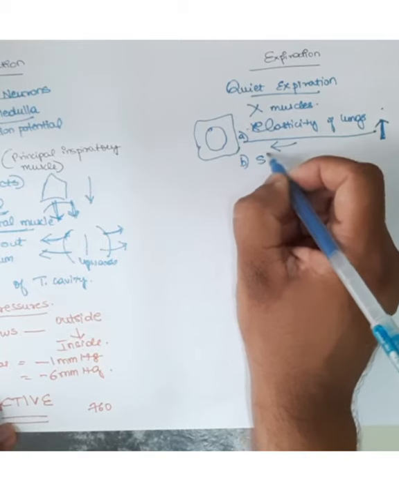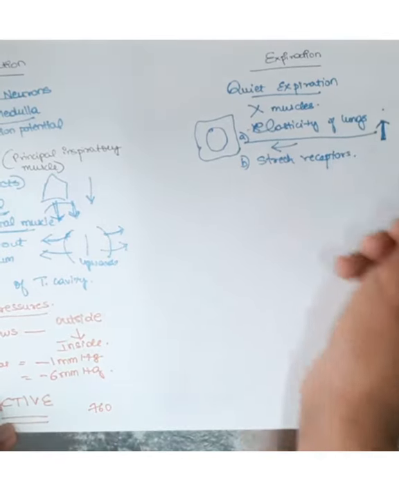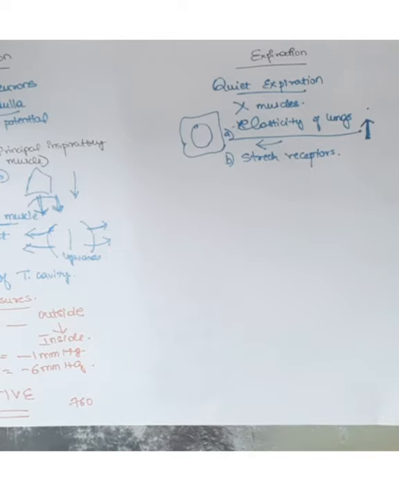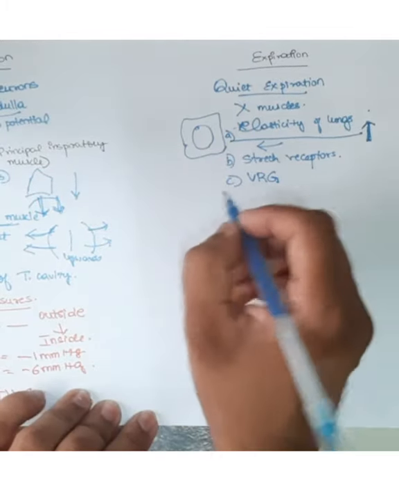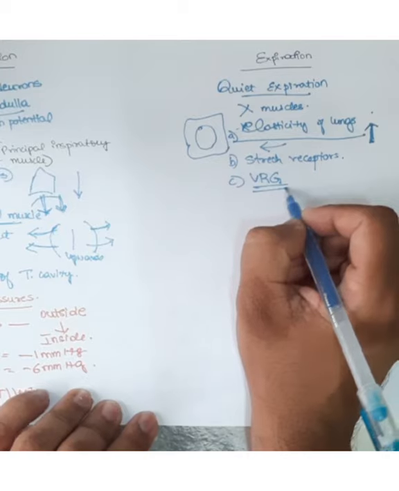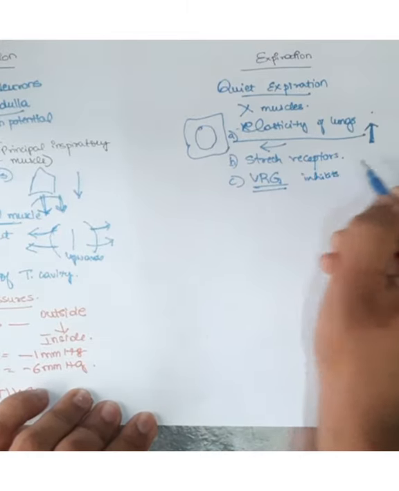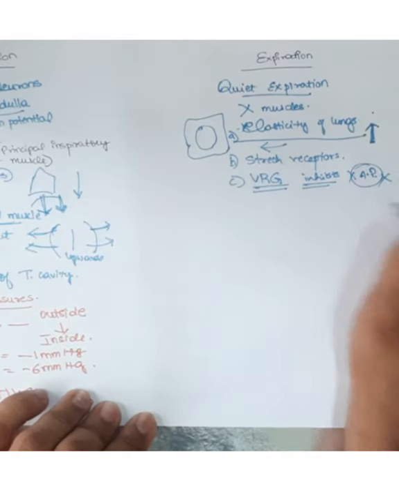Number two, there are stretch receptors present in the lung, which detect the stretching. Whenever the lungs are stretching, it is prevented by the stretch receptors at one point. Third, the ventral respiratory group neurons from the medulla are inhibited, or the action potential coming from there is inhibited.